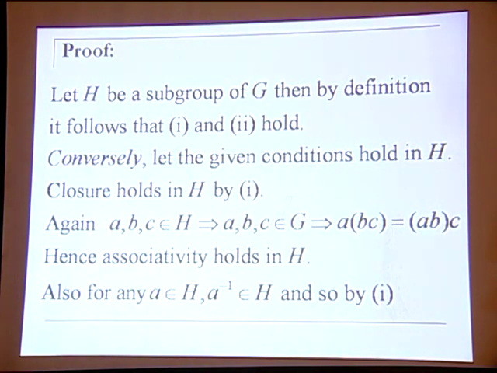Also, for any a belonging to H, a inverse belongs to H because of the second condition, which states that if a belongs to H, a inverse belongs to H. Then a into a inverse, what is a into a inverse? That is e.